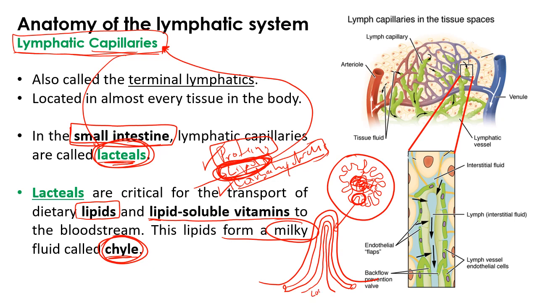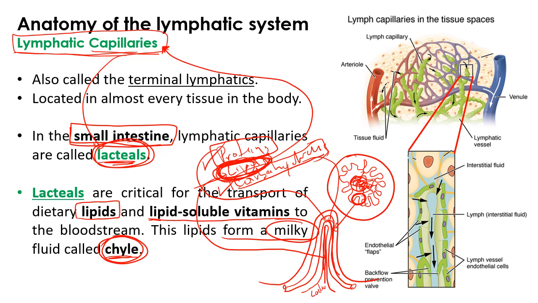So all the proteins can be absorbed directly into the blood, into this one. All the carbohydrates can be absorbed directly into this capillary, but the lipids instead will be absorbed into the lacteals.